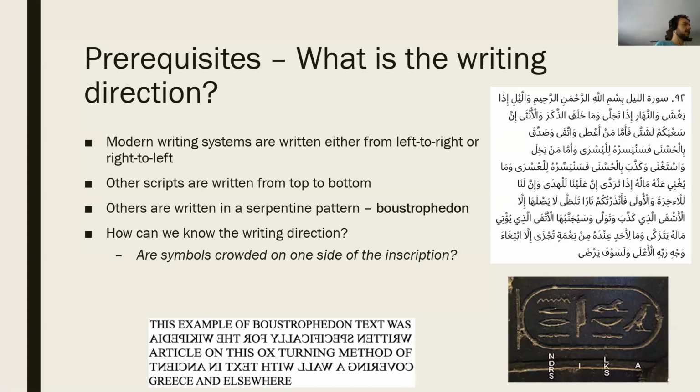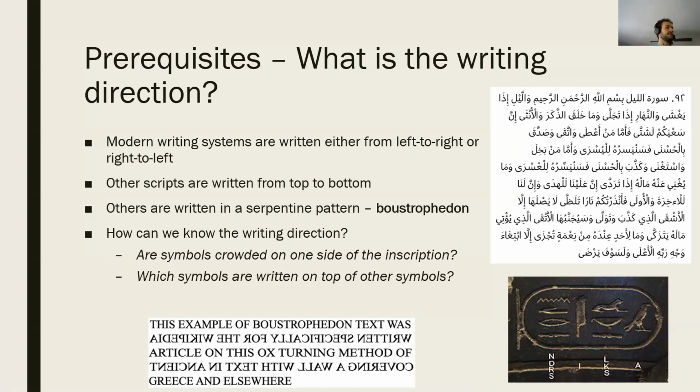Well, you probably know from your personal experience that if you write in a language that goes from left to right, you might run out of space at the right end as you get to the end. So you can look at a text like this and find out whether the text is crowded on one end or another. That could give you a hint as to what the writing direction is.